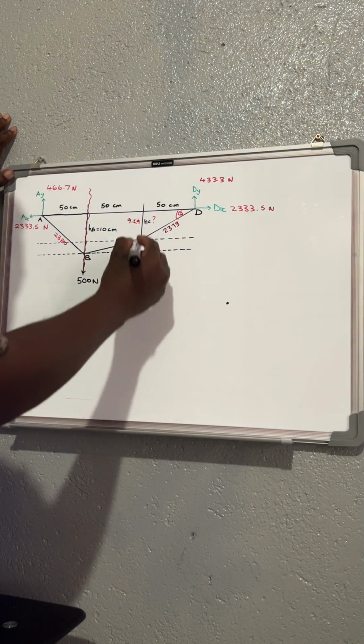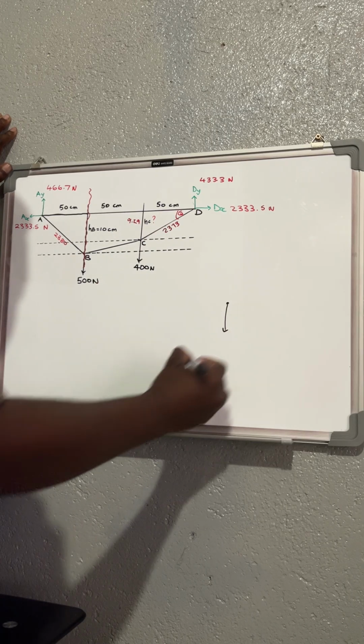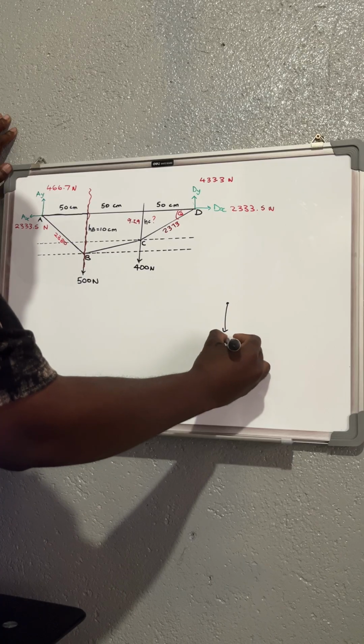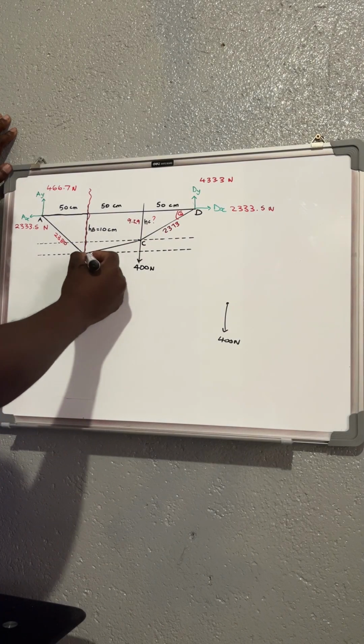So if I'm about to focus on this point C, what do I have? I have a force of 400 Newton that is going down. Then I have this one, which is my BC.